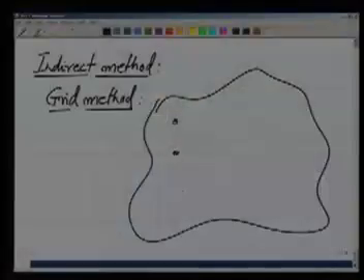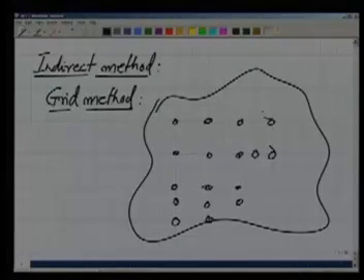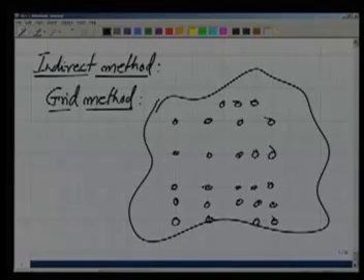In the case of the grid method, what we do there on the ground is try to establish a grid. It depends upon how accurate we want our contours to be, and the size of the grid will depend upon that. The grid means there on the ground we establish a grid like this, and we measure the RLs of all these points.